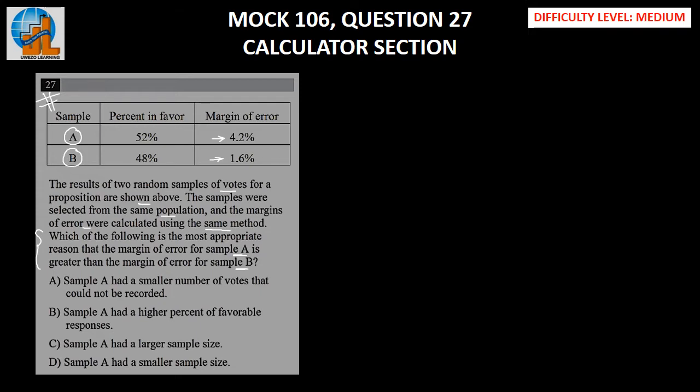Now, whenever we encounter a question based on the margin of error, the first thing that we need to focus on is the sample size. Now, this is a fact that students need to remember for the SATs, that higher the sample size implies lower margin of error.